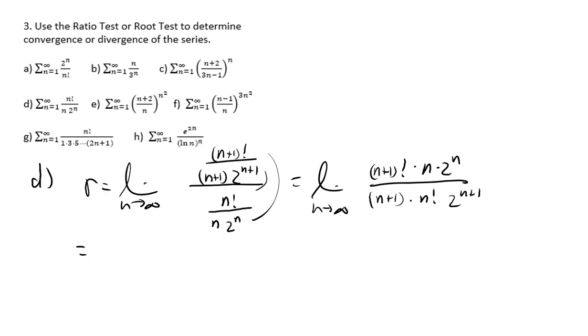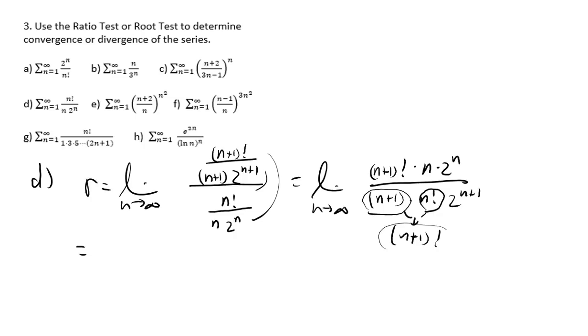Okay, so what's that? Well, you see, n plus 1 times n factorial is really n plus 1 factorial, right? Why is that? That's because n factorial is multiplication of 1 times 2 times 3 times all the way up to n, and then you're multiplying the next number, which is n plus 1. So if you multiply n plus 1 to n factorial, that's going to be n plus 1 factorial.